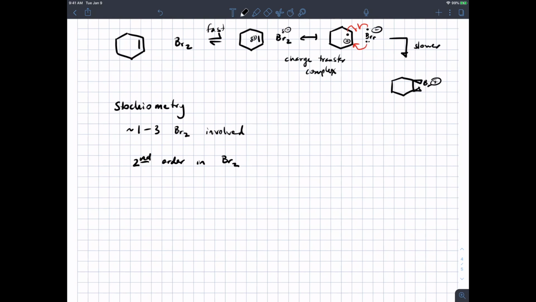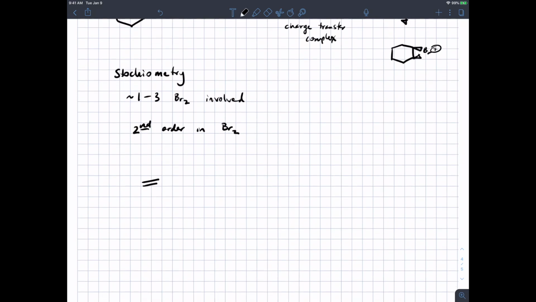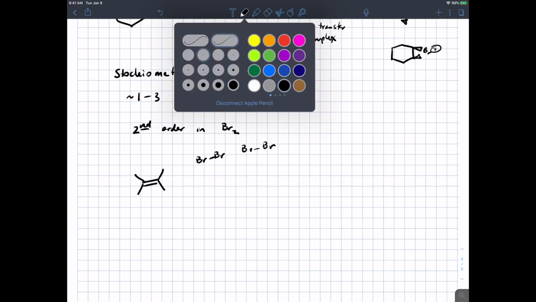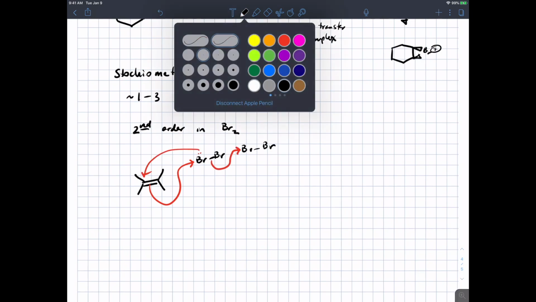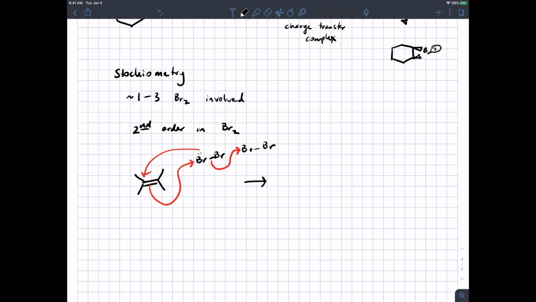This is more of being prepared for the possibility of these things happening. I'm not claiming that this substrate has been observed to undergo this kind of reaction, but there is evidence for needing a second molecule of bromine to facilitate formation of the bromonium ion.